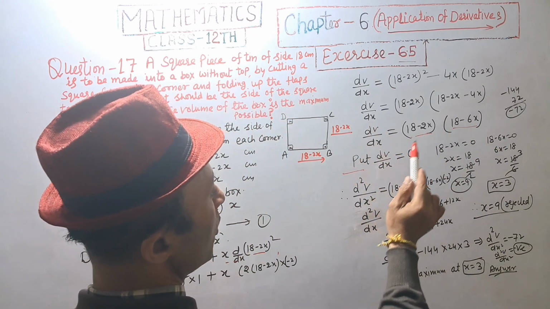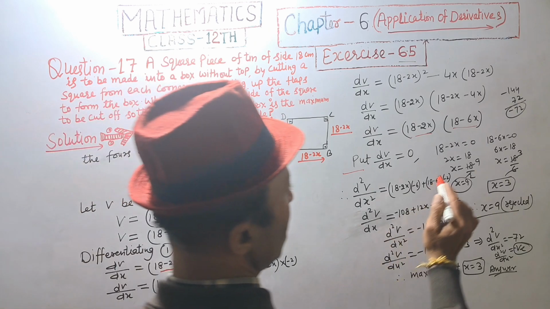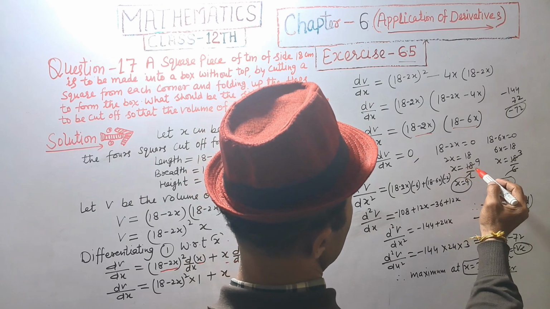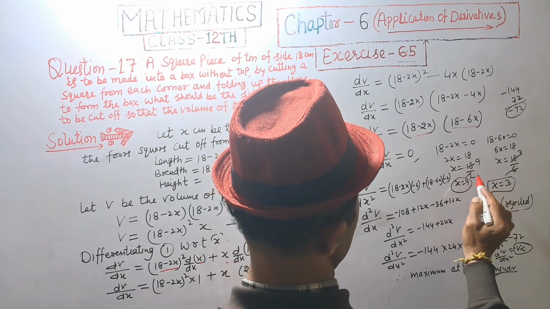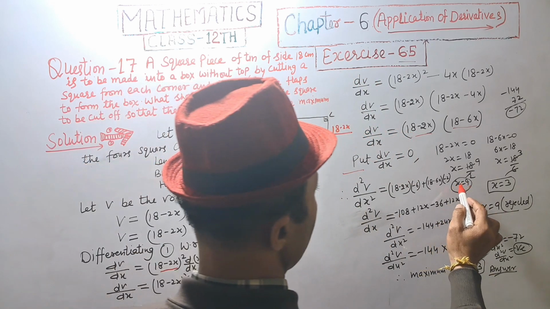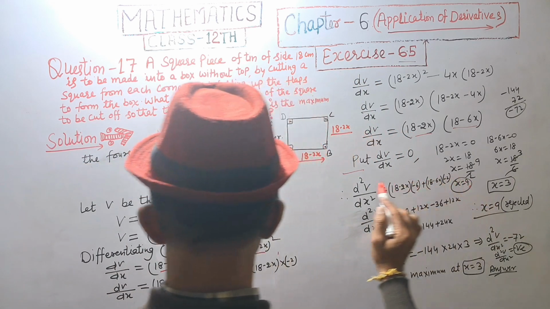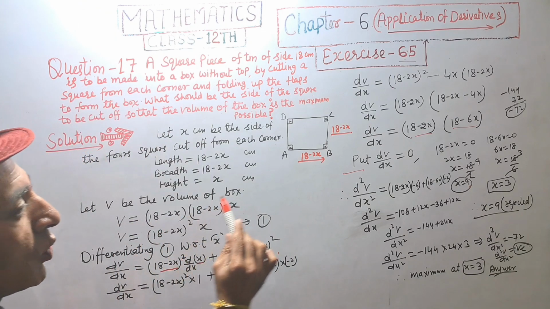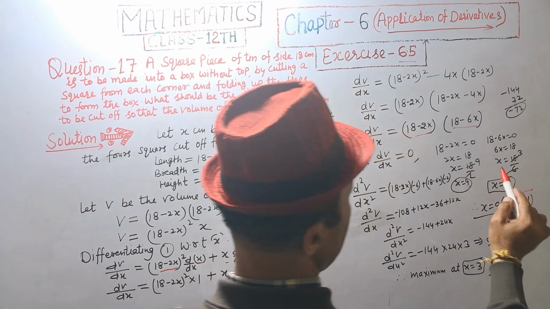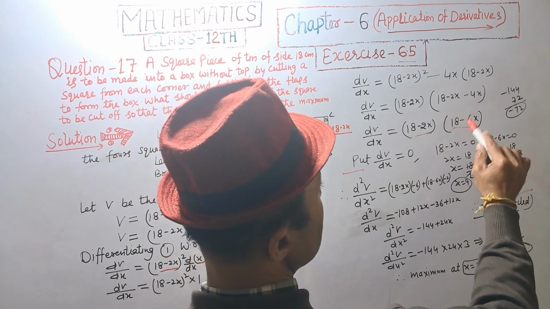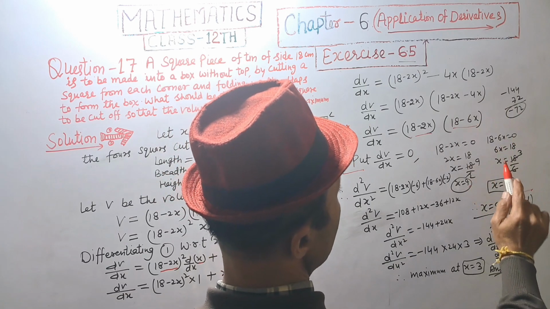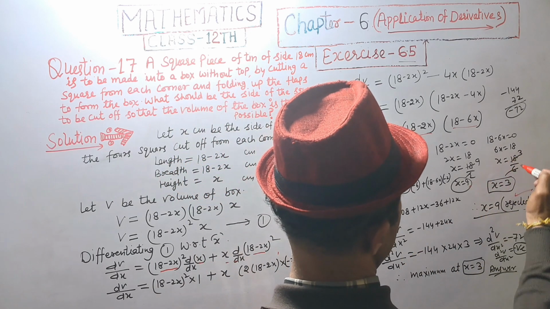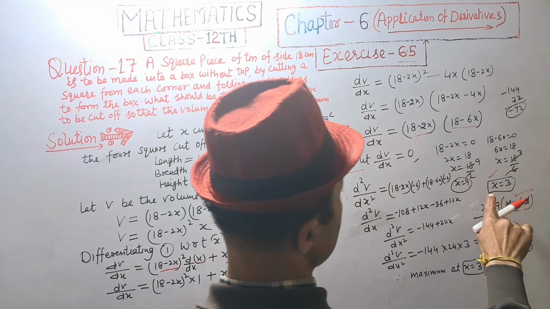Putting dV upon dx equal to 0, 18 minus 2x is 0 means x is equal to 9. Putting x equal to 9 in the volume, it is 0, so x equal to 9 is rejected. The second point, 18 minus 6x equal to 0, gives x equal to 3.